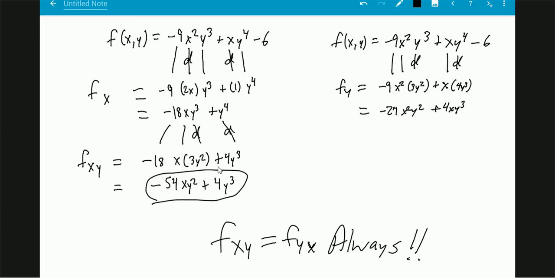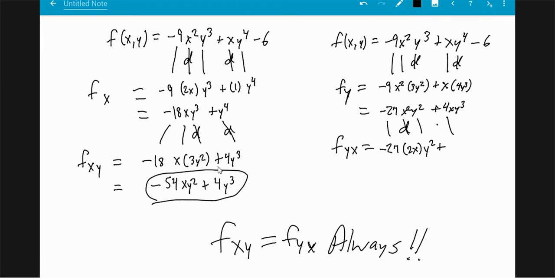If I do f sub yx over here, I should get the same thing. Let's just show that. If I'm doing f sub yx, I'm looking at f sub y, but I'm doing the derivative with respect to x. So x is what I'm doing derivatives of here. Negative 27 comes down. The derivative of x squared is 2x. Y squared comes down.